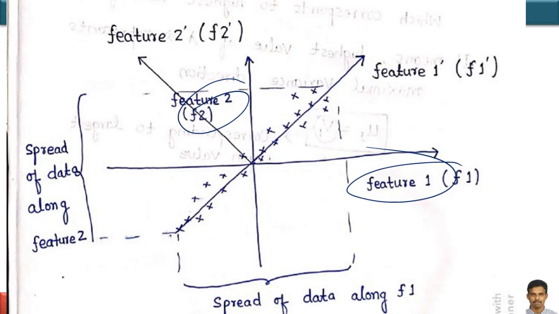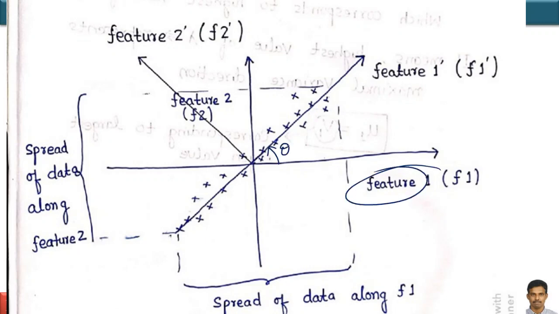We literally rotated the axes. We rotated feature 1 by some angle theta, and also rotated f2, my feature 2, by the same angle theta, so that the rotated axes are perpendicular to each other.